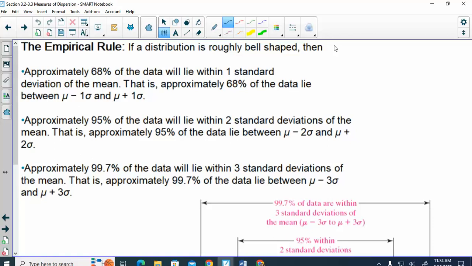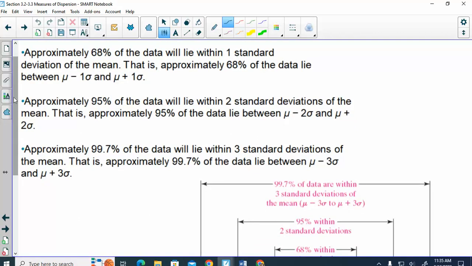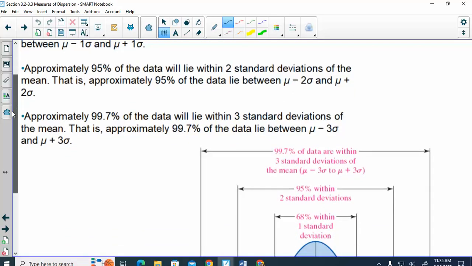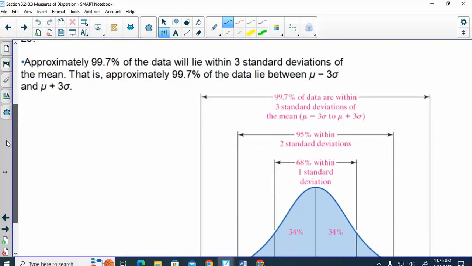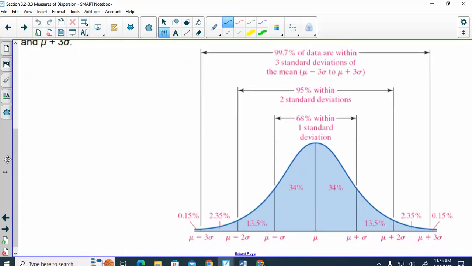And so it tells us that approximately 68% of the data will lie within one standard deviation of the mean. 95% will lie within two standard deviations. And 99.7% will be within three standard deviations. I think on the formula sheet that I've given, it has the empirical rule and it has those three bullet points there.